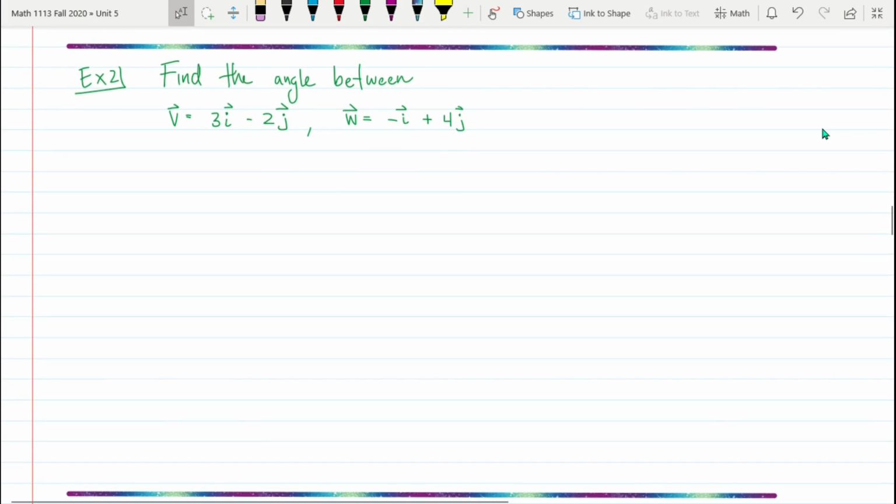Okay, let's do an example finding the angle between vector v and vector w. So, as we said, the formula to find the angle is going to be cosine of the angle, and that is equal to the dot product divided by the magnitude of each, multiplied together.